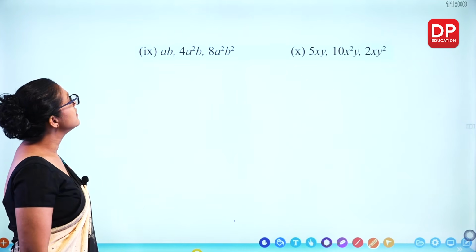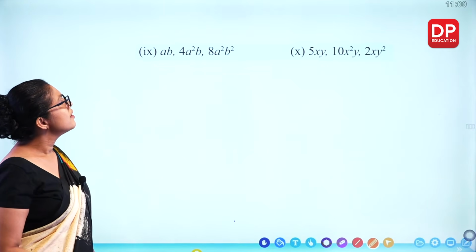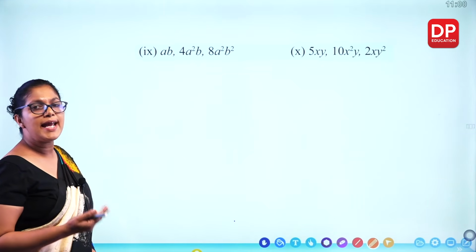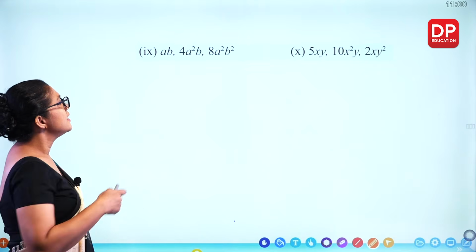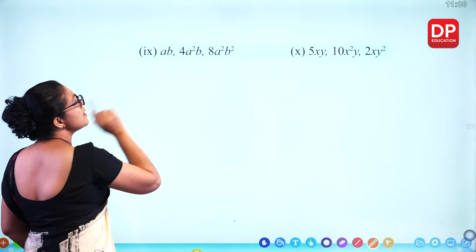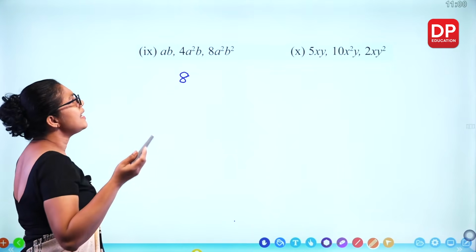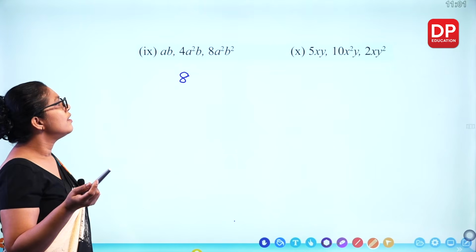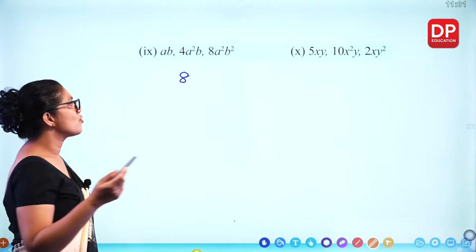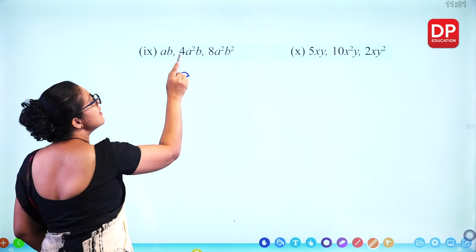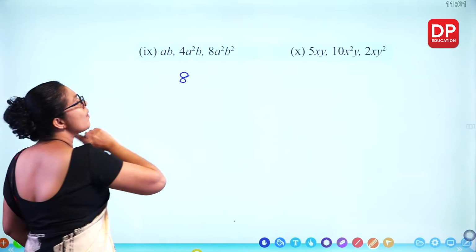Now we'll look at this part. What are the numbers? 1, 4 and 8. So what's the least common multiple of these two numbers? We'll take 8. 8 is divisible by 4. 8 is divisible by 8. So 8 is the lowest or least common multiple of 4 and 8.